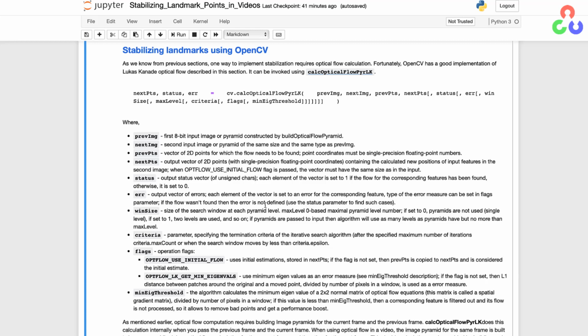The important inputs are basically the previous image and the next image. These are essentially two consecutive frames of a video, and the previous set of points that you want to calculate optical flow on in the previous frame. And the output is the next set of points and the status. Whenever the status is 0, it means that the tracking failed. It doesn't have enough confidence in the tracked point. So we can ignore tracking when the status is 0.